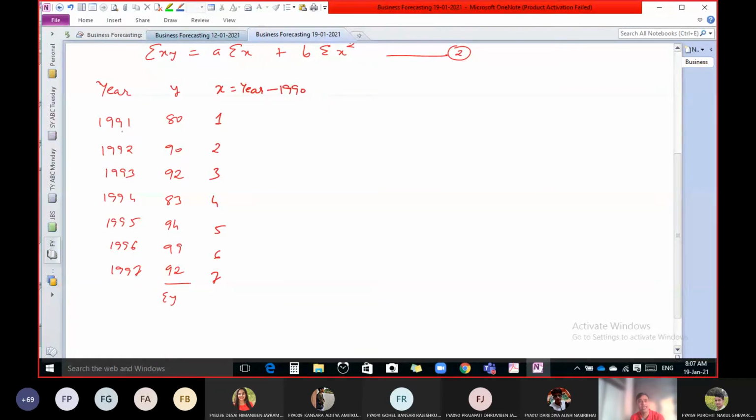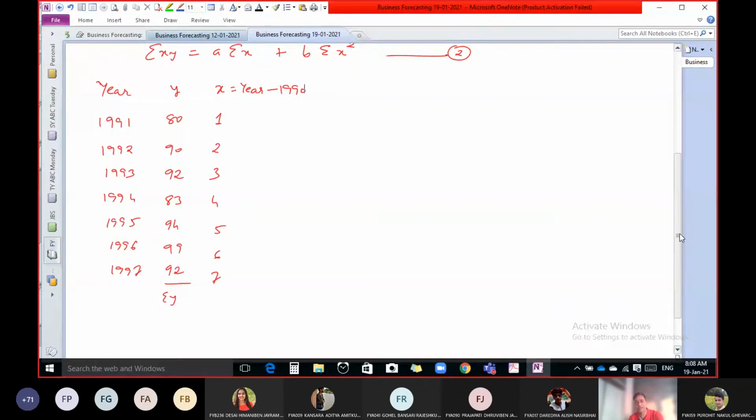If we subtract 1990 from all these values, we get 1, 2, 3, 4, 5 up to 7. So this becomes simpler to calculate the values of a and b. Now we have to estimate for the eighth year, and we get the value of y. That is one simple way to calculate the value of a and b.